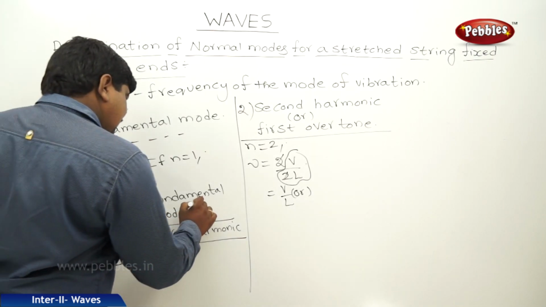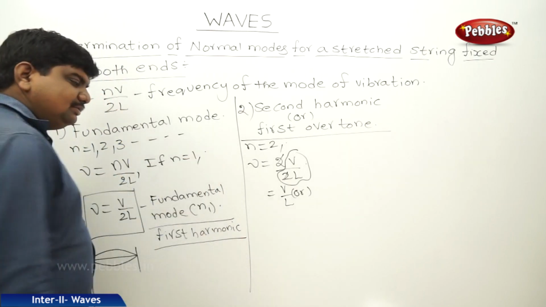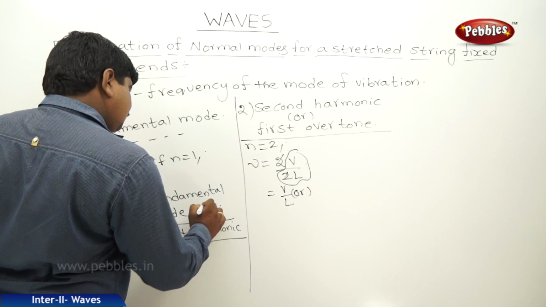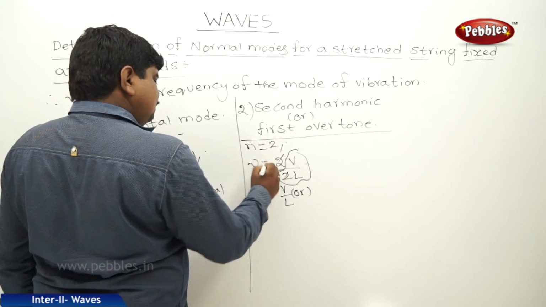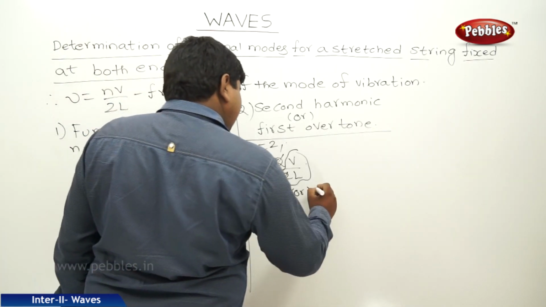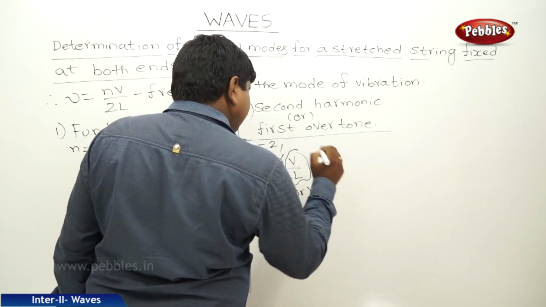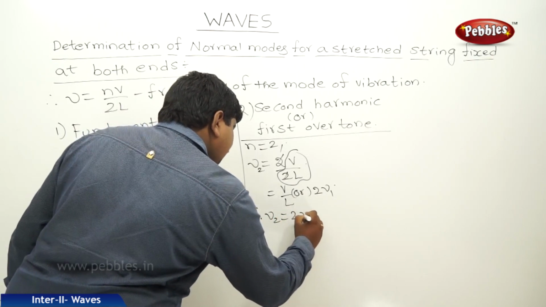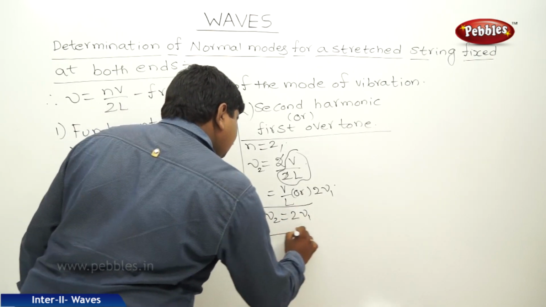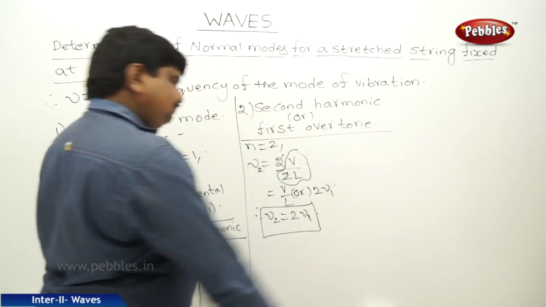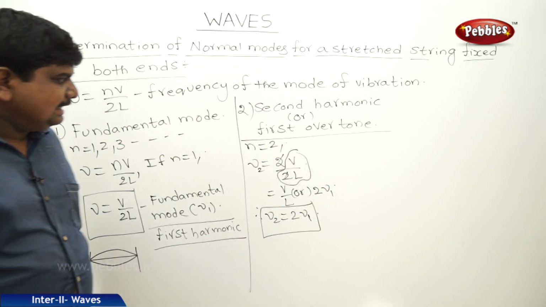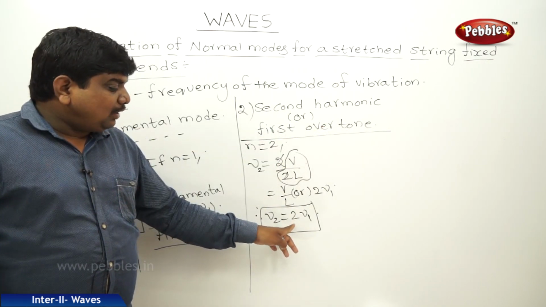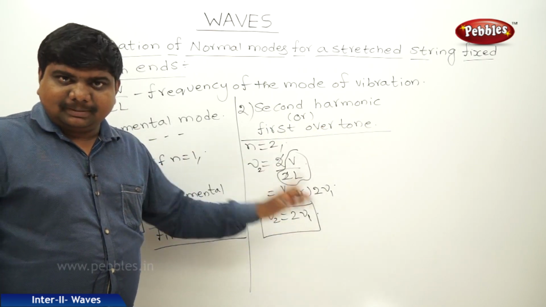That's why the other symbol for this one is nu 1. So this is nu 2, V by L or 2 nu 1. Therefore, we can write nu 2 is equal to 2 nu 1. That means the frequency in the second harmonic or first overtone is twice that of the fundamental mode.